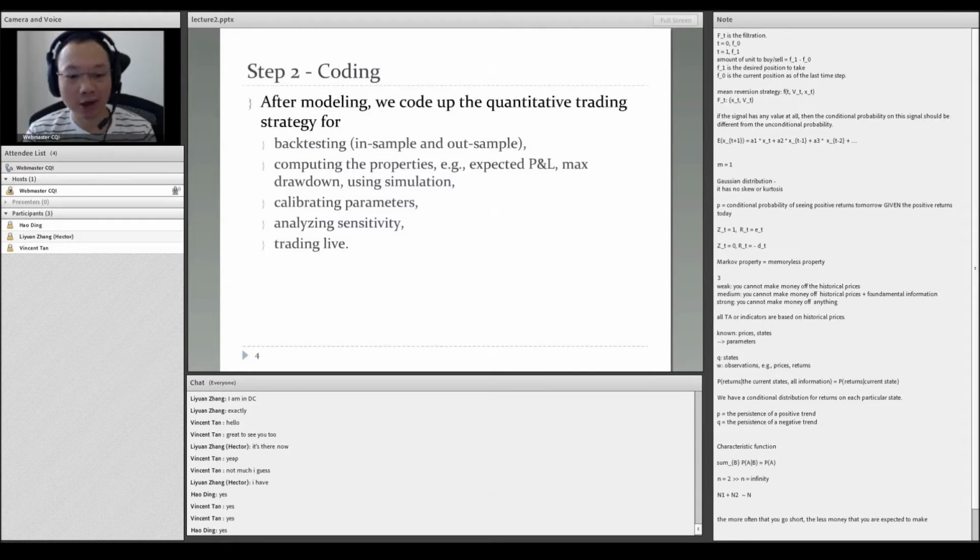Okay, as you can see, even from the research to the live trading process, we require computer programming, and it's very important. So computer programming skill is very important. This is a recurring theme in this class: technologies or software are weapons in this financial trading warfare.